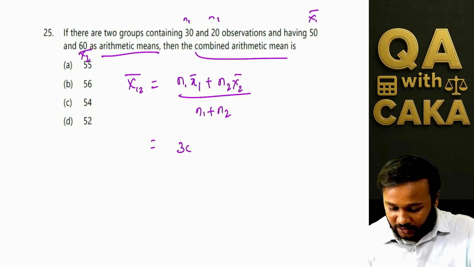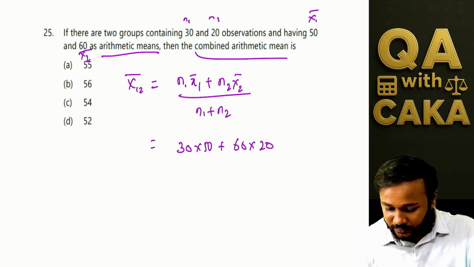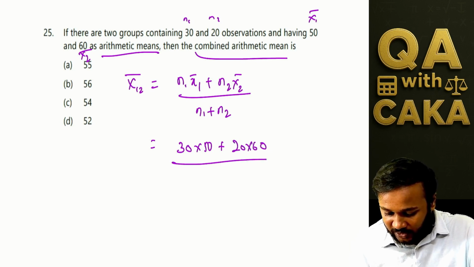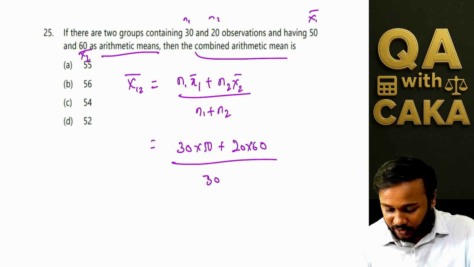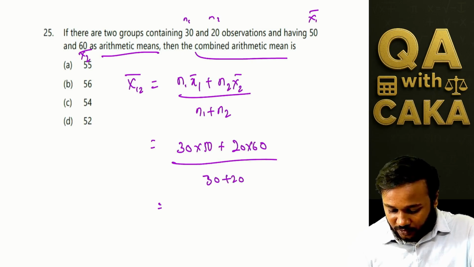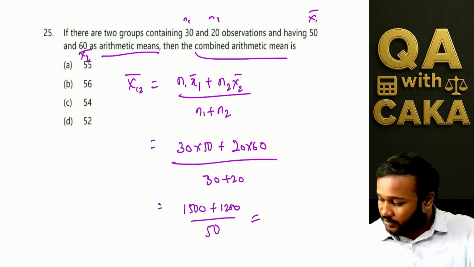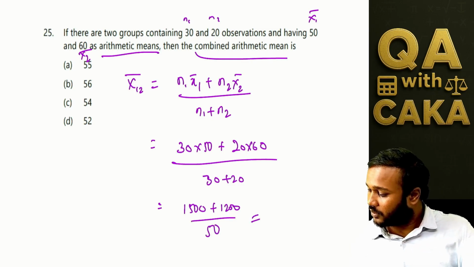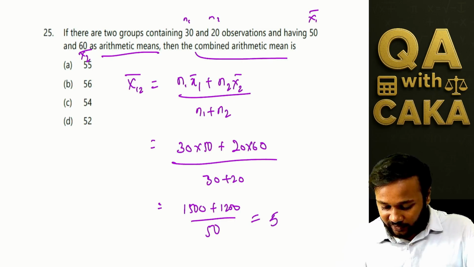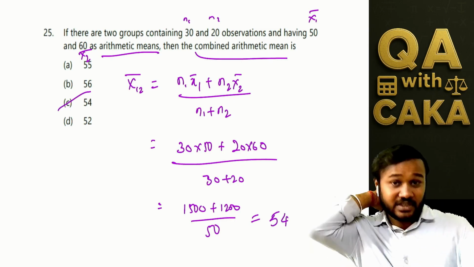So what is n1? 30 into 50 plus 60 into 20. Multiplication either way it is right. 30 plus 20. So 1500 plus 1200 by 50. So 2700 divided by 50, which is 54. The answer is 54. Option C is the right answer.